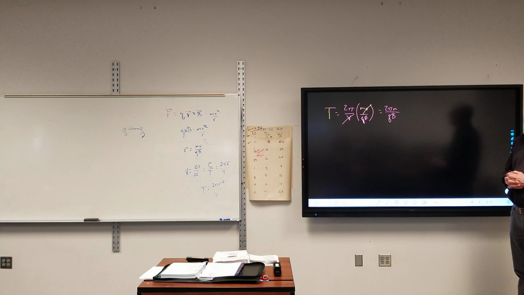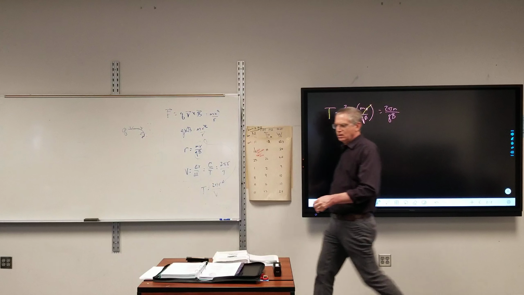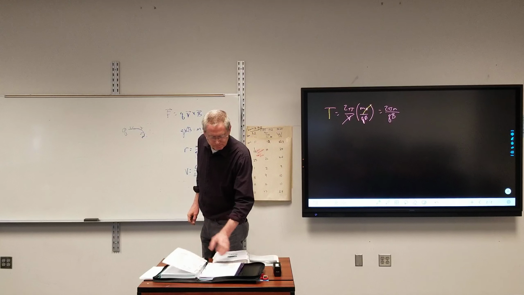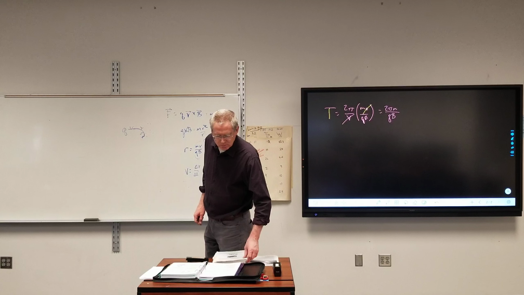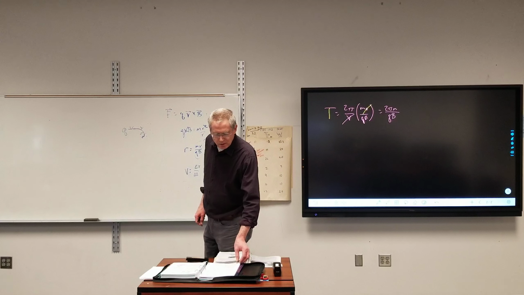No other questions? So number 42, it involves torque. Is it always going to be NIAB sine of phi? Is that just a general torque equation? NIAB, yeah. Is that a little a, little b?